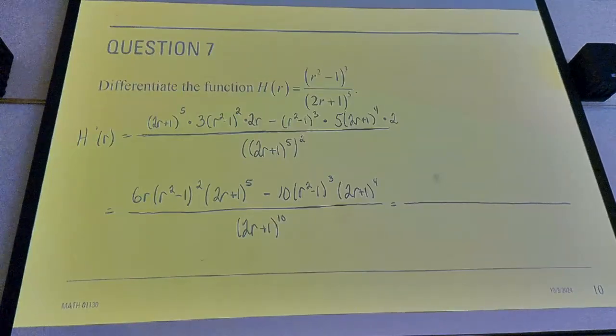Factor the numerator. 2 factors out. r squared minus 1 squared factors out. 2r plus 1 to the 4th factors out.